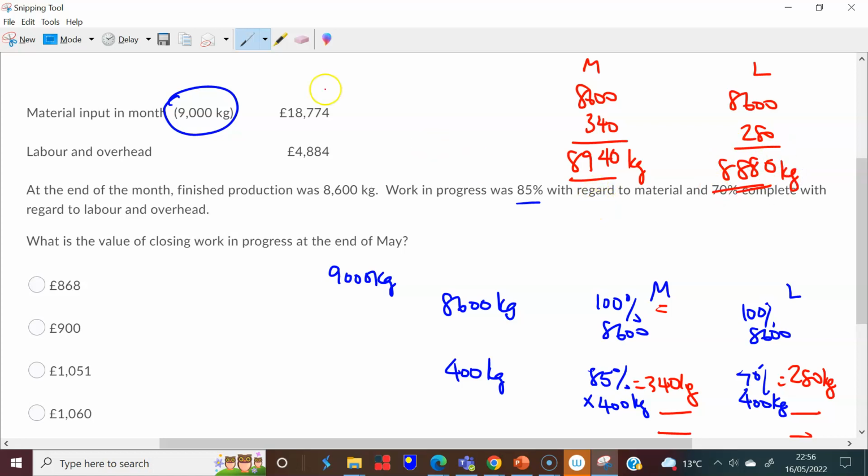And we know we've spent, just changing my pen color back to black, £18,774 on materials, and we've spent £4,884 on labor. So the equivalent cost of a kilogram of material, of course, must be 18,774 divided by 8,940.